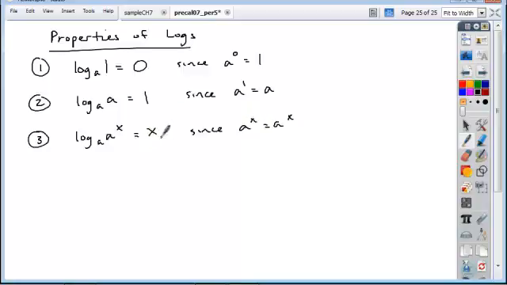Anytime you have a power inside of a log, the power can be moved out in front of that log. So we could have written x times log a of a. And since log a of a has a value of 1, that expression is going to equal just x. You can justify it in that form as well.